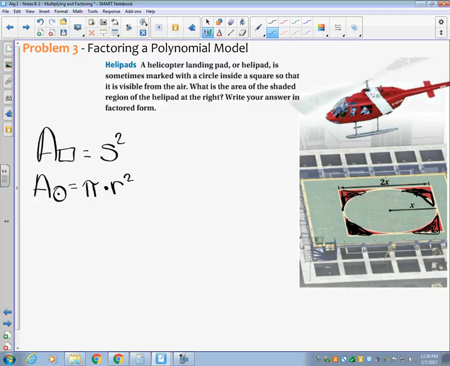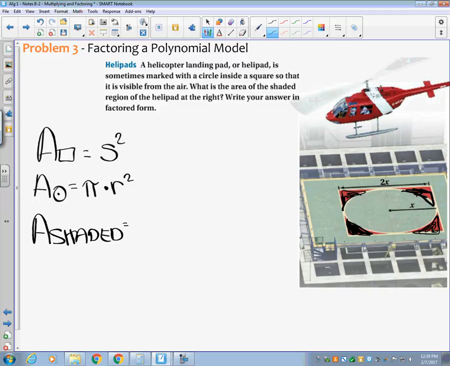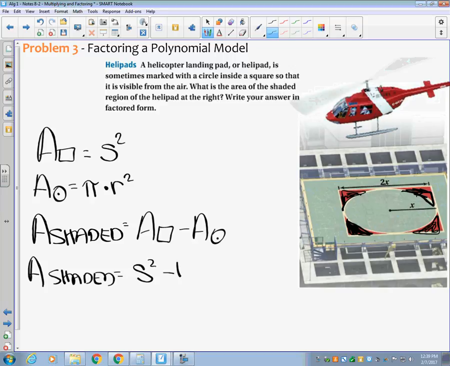And then the area of the shaded is the difference between the two. Area of the square minus area of the circle. So the area of the shaded is equal to the side squared minus pi times r squared.